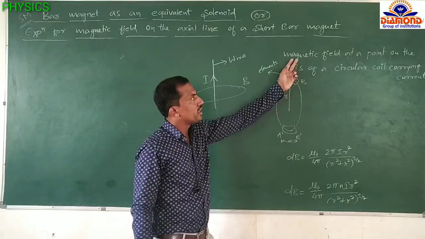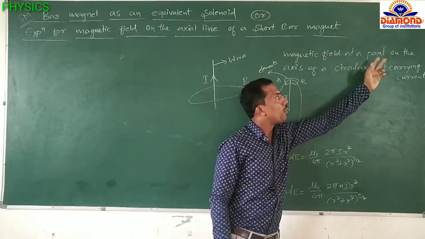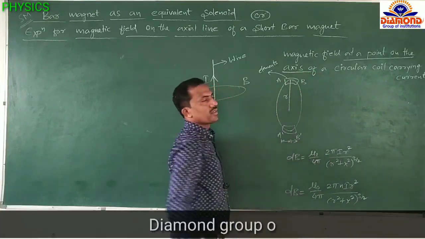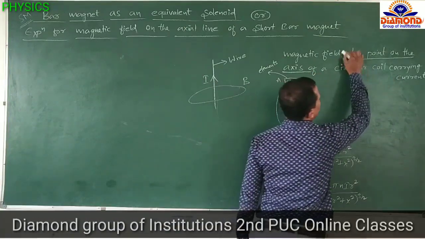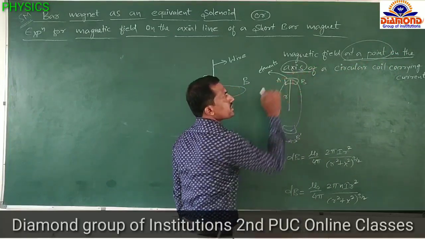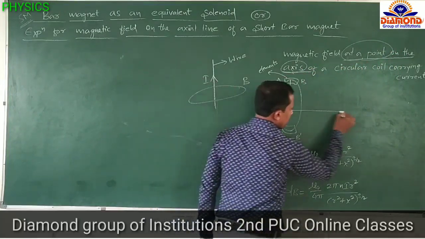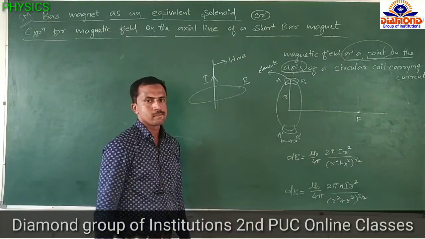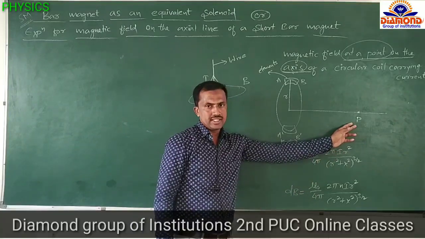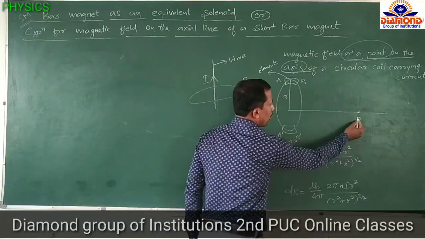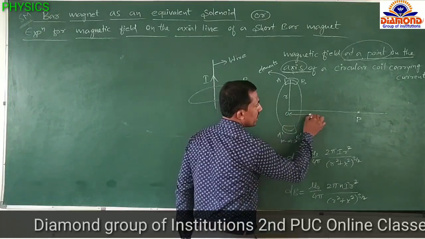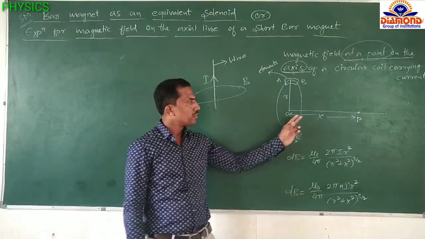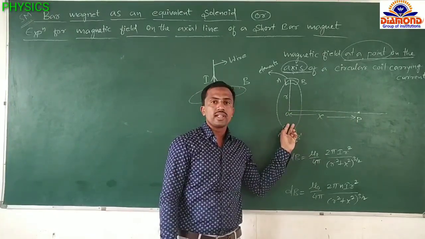According to this question, we want the magnetic field at a point on the axis. This is the axis, and we place a point P on it. The distance from point P to the center of the coil is x.